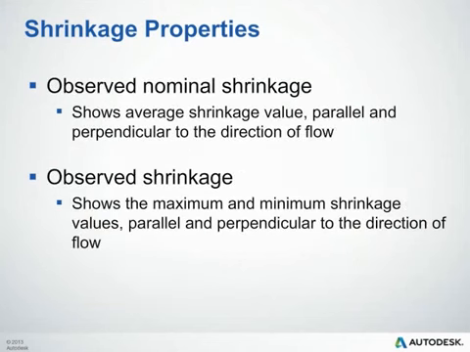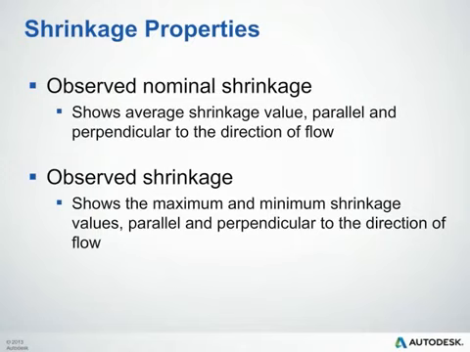Some of the other values you might see within the shrinkage properties would be the observed nominal shrinkage. This is basically the average shrinkage value parallel and perpendicular to the direction of flow. And these values, of course, were obtained during our shrinkage testing.